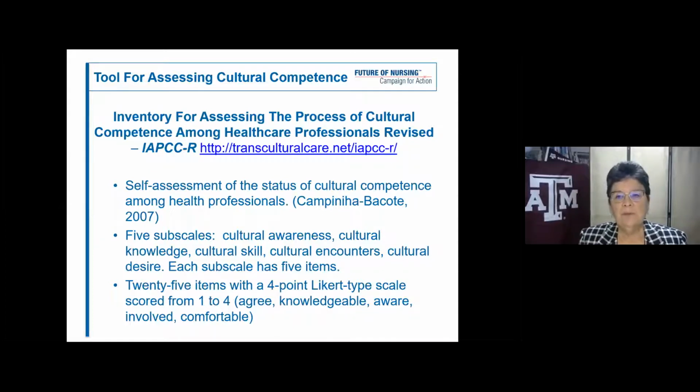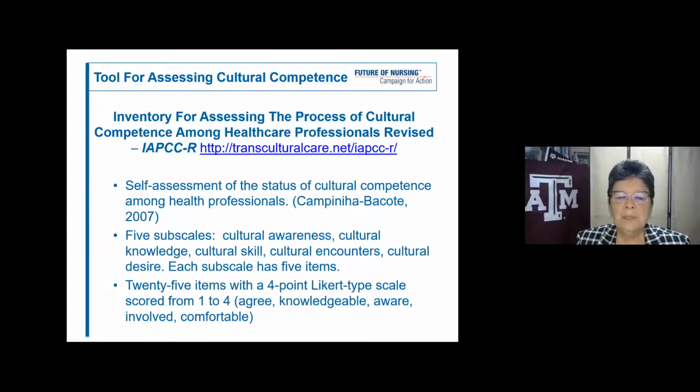The Inventory for Assessing the Process of Cultural Competence Among Healthcare Professionals is a tool developed by Campinha-Bacote, designed to measure the level of cultural competence among healthcare professionals and graduate students in all the allied health fields.